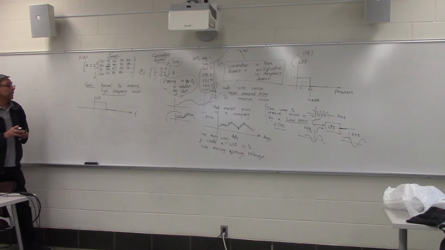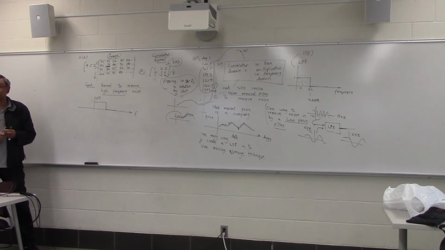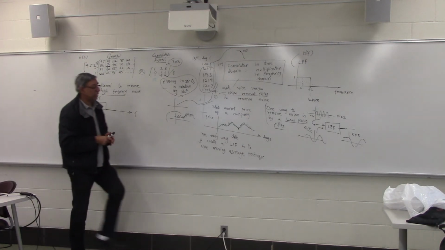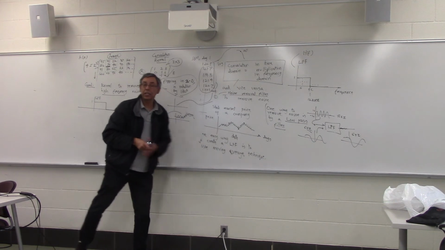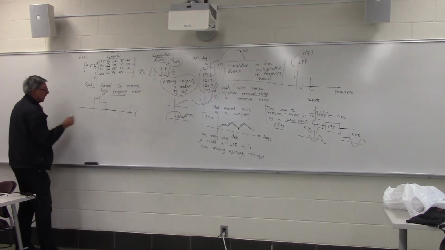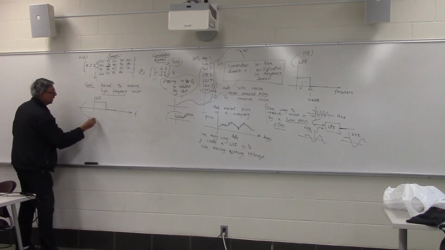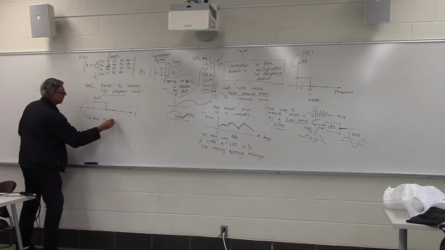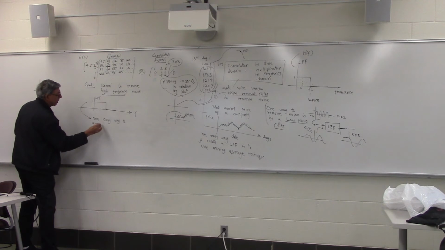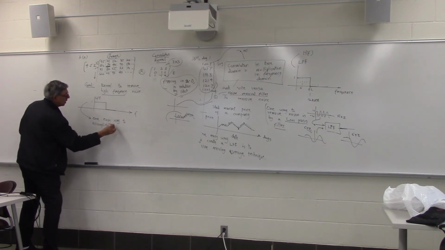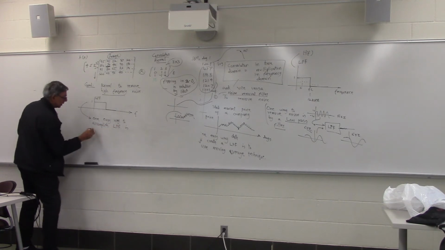As I mentioned to you, what is the easiest way to accomplish a low pass filter? The average filter, right? The moving average, as we discussed. So one easy way to accomplish a low pass filter is to do averaging.